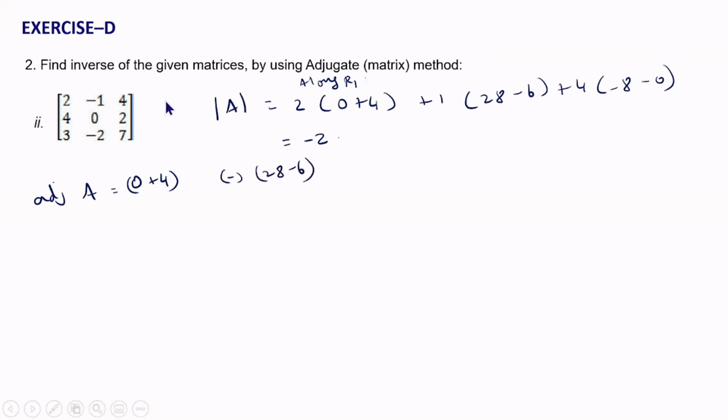The cofactor of the element in the first row, third column is minus 8 minus 0. Then the cofactor of the next element 4 is minus 7 plus 8.